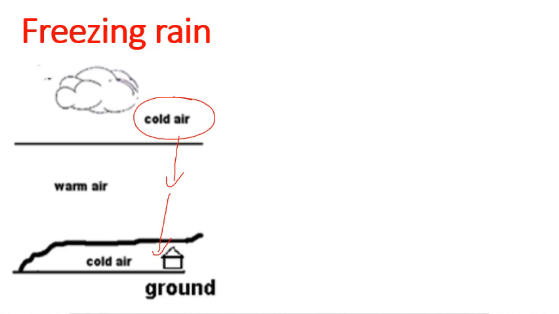So my raindrop, as it falls into this cold air, doesn't have enough time to freeze before it hits the ground. It hits the ground as a liquid. But because the air on the ground is so cold, my liquid water that's now on the ground freezes solid. It is literally rain that freezes after it hits the ground.